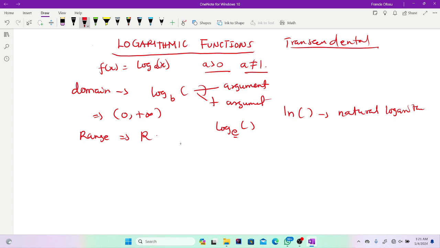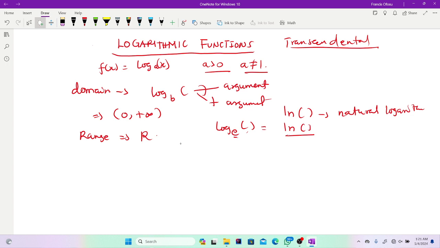So log to the base e gives what we call ln of a particular argument. So take note. Log to the base e gives ln. So when you see ln, it means you are dealing with a logarithm. So take note of that.